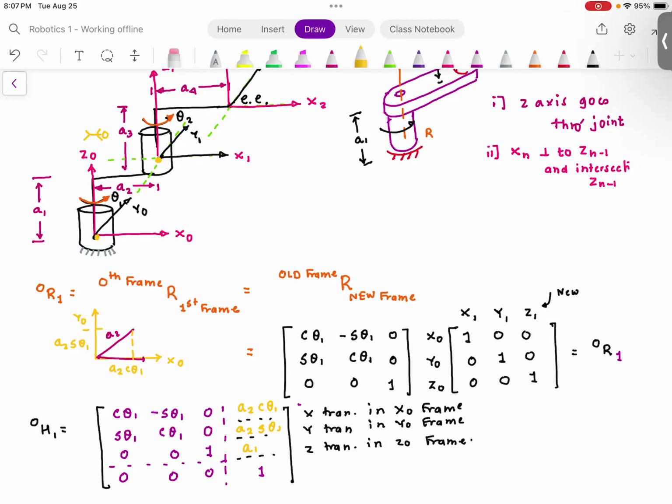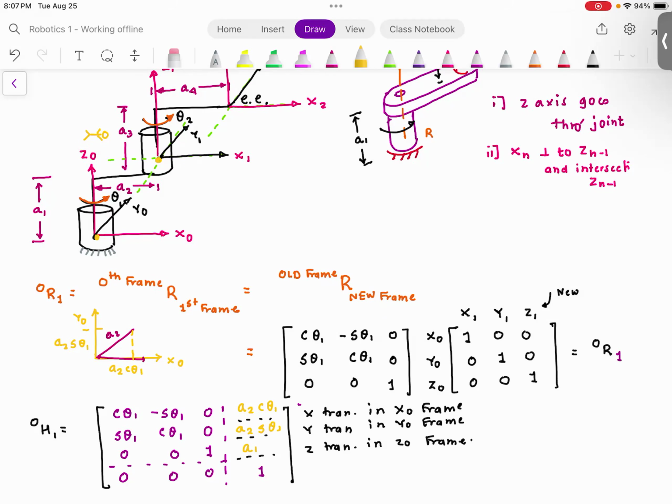But the coordinate system will be the old coordinate system. Do you agree with me? Which means you will see how far frame 1 is with respect to the old frame, which is the 0th frame, in the old coordinate system. So you need to translate A2 units in X0 direction, A1 unit in Z0 direction. But this relationship is valid when theta is equal to 0.